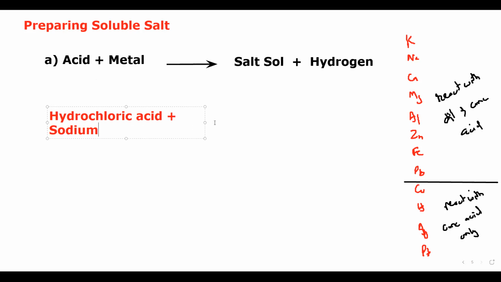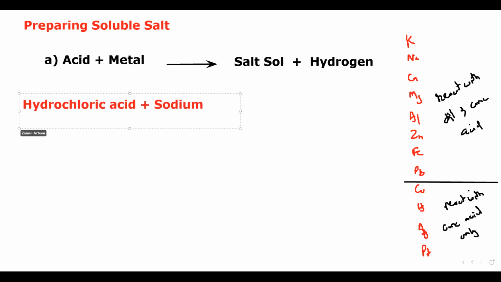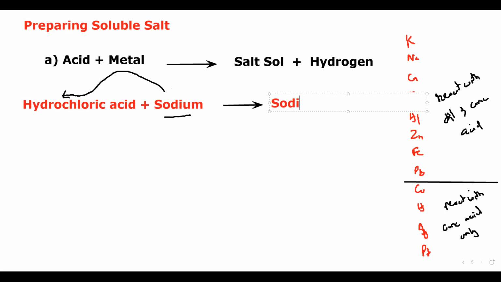When hydrochloric acid is mixed with sodium, as a result, because when acid is reacting with the metal, the metal will take the position of hydrogen. This sodium will take the position of hydrogen. So as a result, the product will be sodium chloride, because hydrochloric acid gives chloride salt, plus hydrogen will be there.